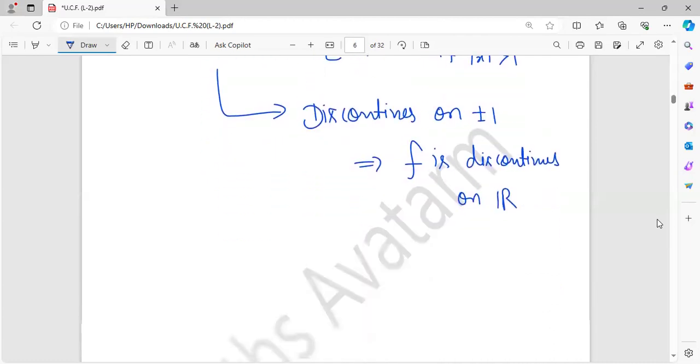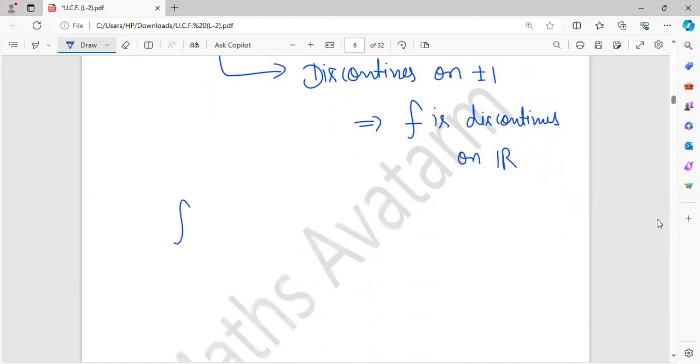Each fn, we know that mod x is a continuous function. So mod x to the power n is also continuous. If the denominator is non-zero, it is also continuous. So numerator is continuous.